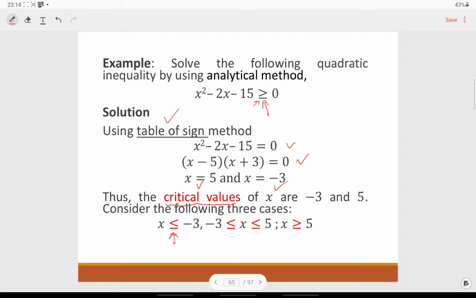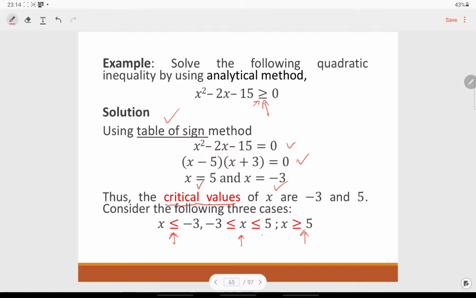The second case, we have x between these two values. So x is greater than or equal to negative 3 and x is less than or equal to 5 as the second case. For the third case, we consider x is greater than or equal to 5. So we have three different cases.